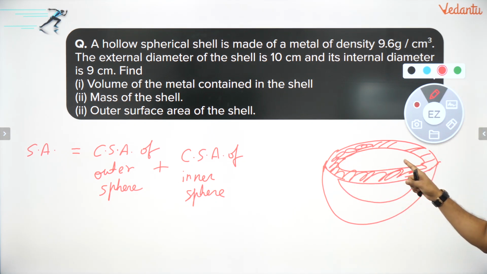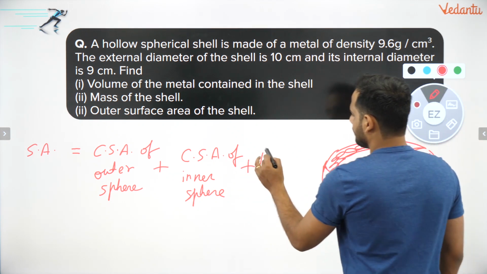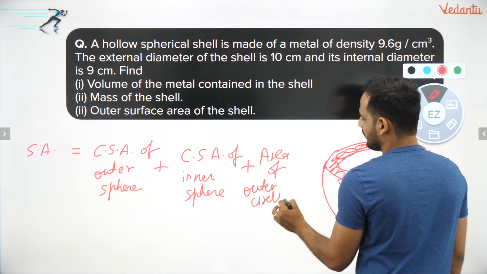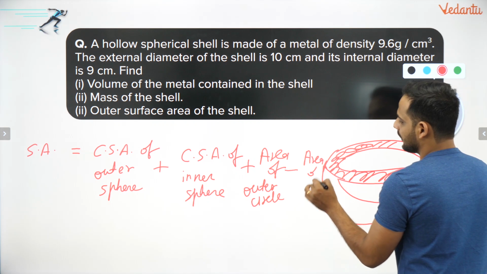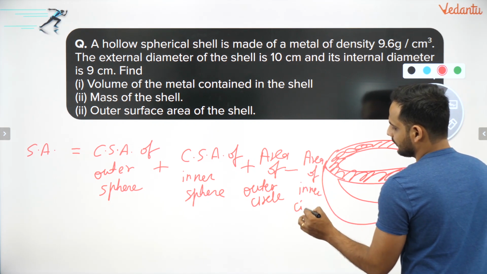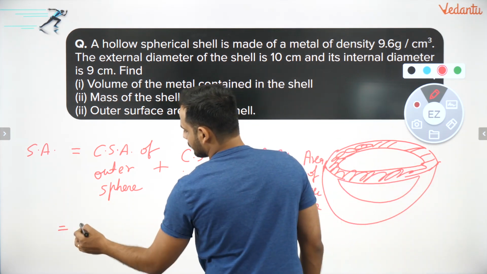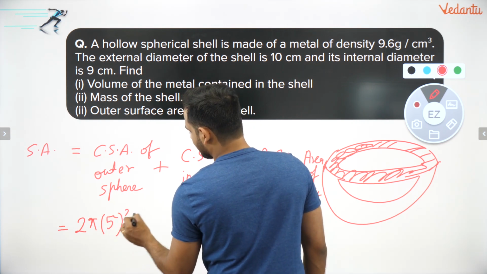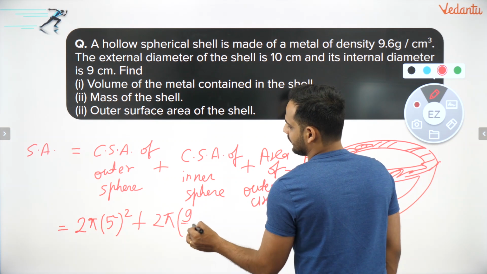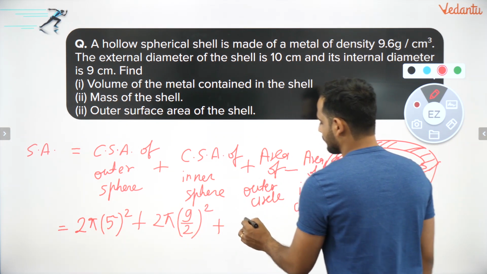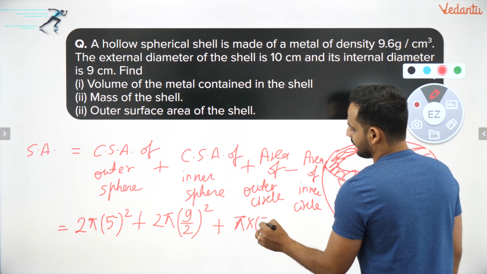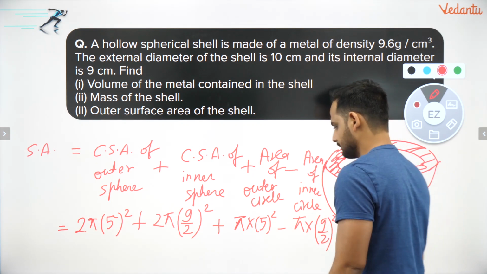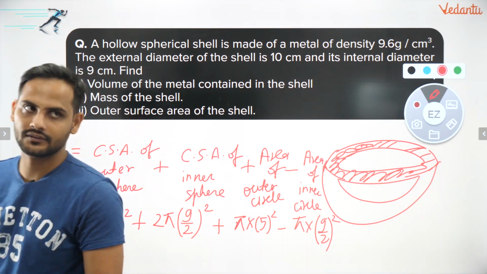So this surface area will be equal to area of the outer circle minus area of the inner circle. CSA of outer sphere is 2π r², where the outer radius is 5, plus 2π, inner radius 9/2 squared, plus area of outer circle π into 5² minus π into (9/2)². Solve this, you will get your answer at the end.